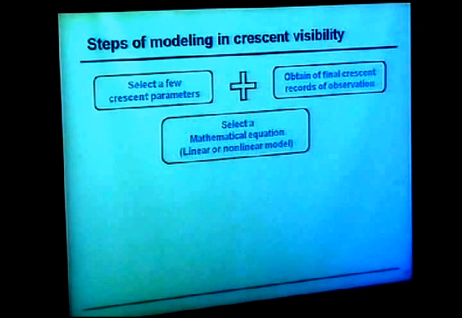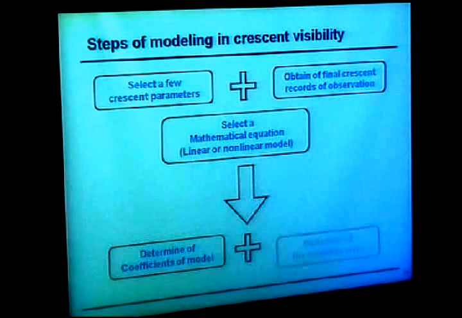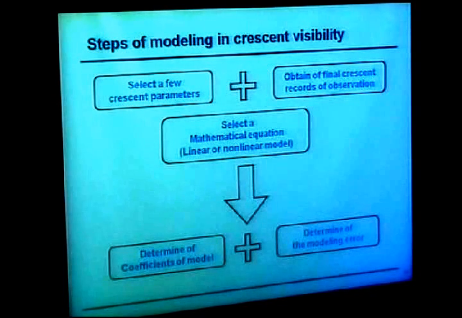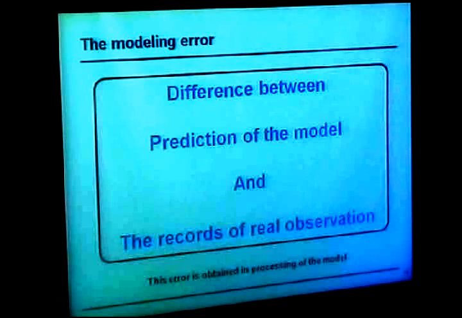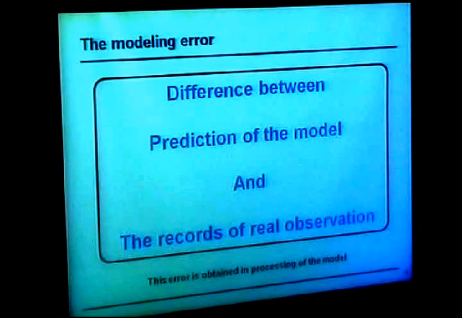Then select a mathematical equation, linear or non-linear models. Finally, determine the coefficients of the model and the modeling error. The modeling error is the difference between the prediction of the model and the records of real observation. This difference is the modeling error.